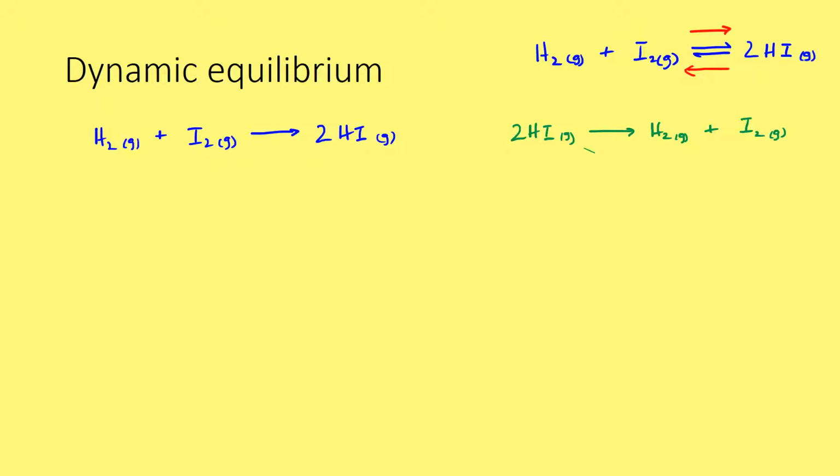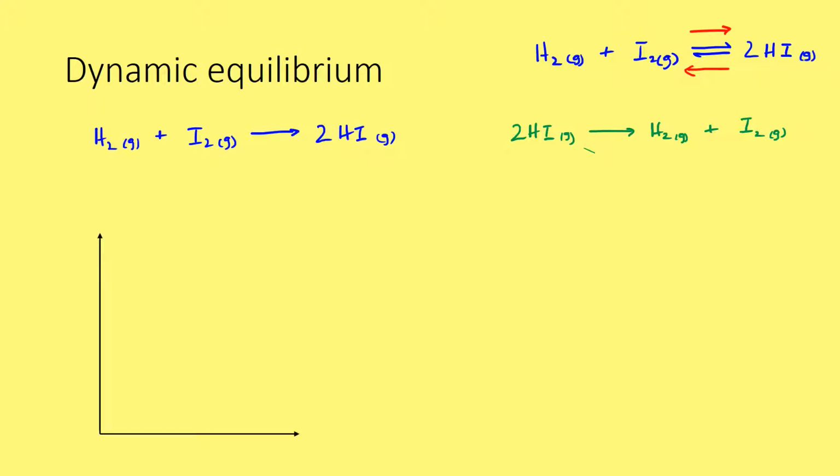Or we could say the rate of usage of hydrogen is quite fast because we've got a lot of hydrogen and we've not got much hydrogen iodide. So it's being used up quite quickly. And then as the hydrogen is being used up, there's less of it left to react. And so the reaction rate is going to slow down.